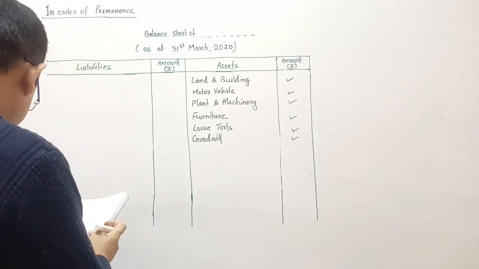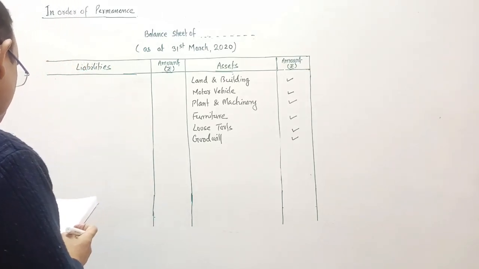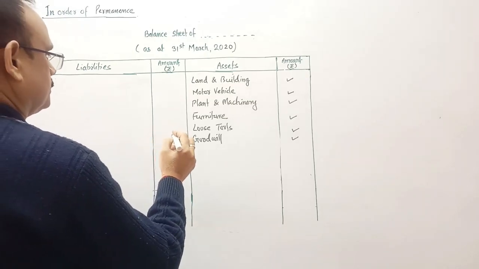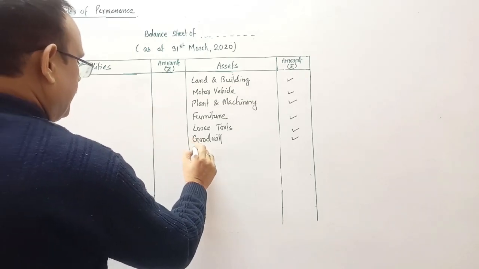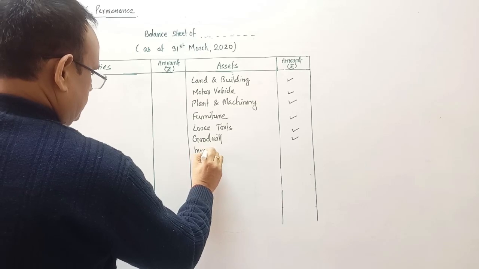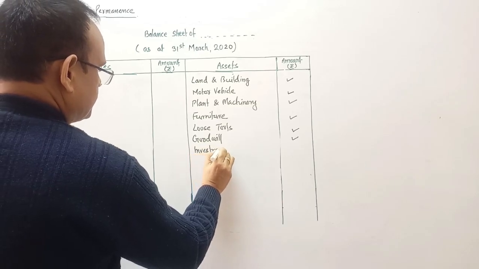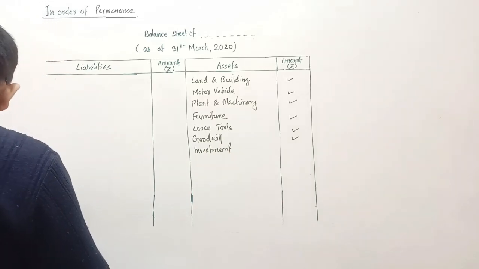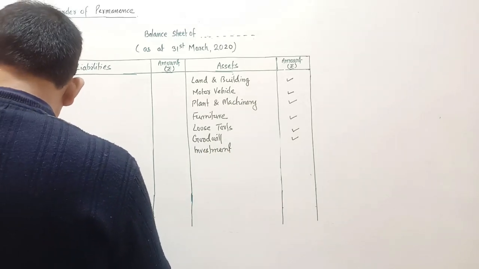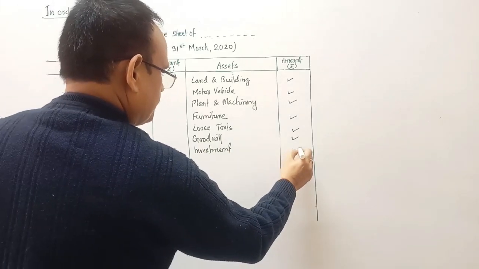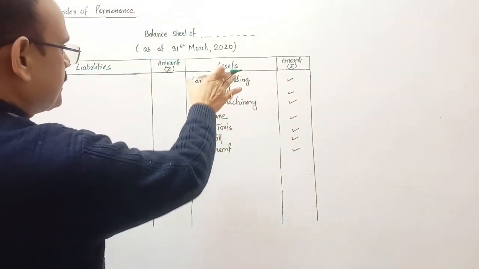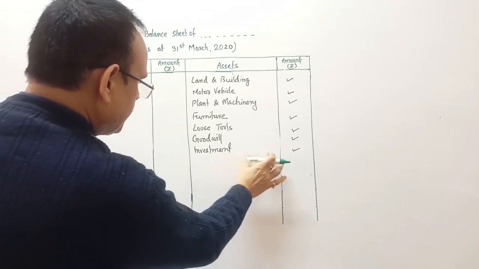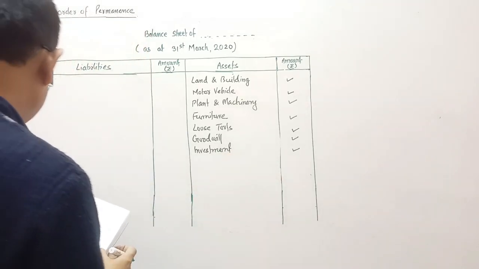Okay. Next is your investment. Investment means it's a long-term investment. Only investment is mentioned. It means it's a long-term investment. This comes after the fixed assets and before current assets. In between that we have to write the investment, long-term investment.